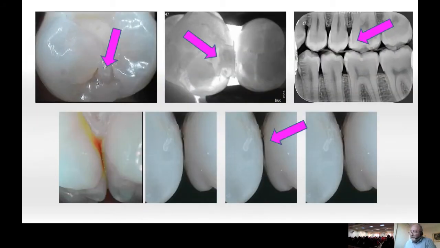So let's go ahead. Why should we promote the combination of magnification and photonic signals to diagnose cavitation? You can see on the left side, in daylight, we saw the brown dentin through the enamel layer. Infrared in the middle gives information on the caries volume, and bite-wing gives very poor information.